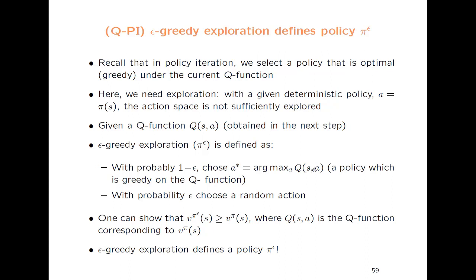So this is the best action we can do under the assumption that the Q function is correct. So we're saying the policy is greedy on the Q function. But with probability epsilon, we choose a random action. So we also permit other choices.